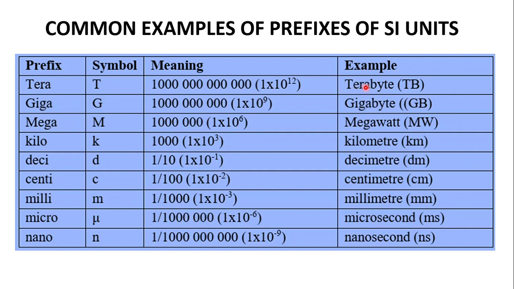For example, I'm sure you have heard about terabyte. Terabyte is a very big unit of data or device storage. In short, it's written as TB. So when you have a terabyte on your computer hard drive, it means it has this big number of bytes.